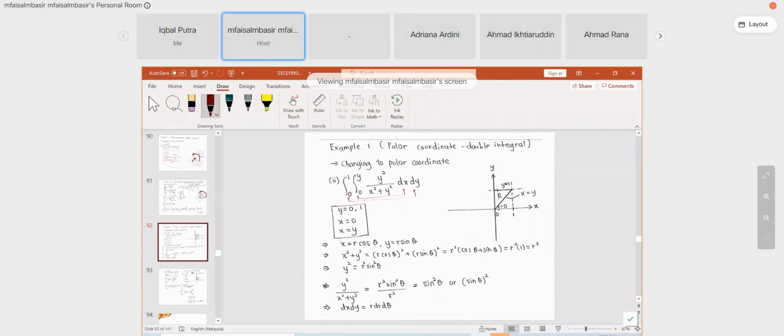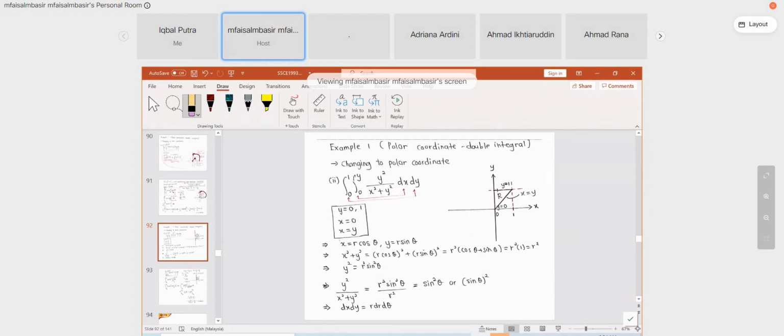You see here, you have y0, y1, x0, x equals y. From x equals y, we can get 45 degrees, which is here. But the angle is not 45 at all. I mean, start from 45 and go to pi over 2. You see here, this is the region. When you draw y0, y1, x0, x equals y, you might be confused about which region this is.